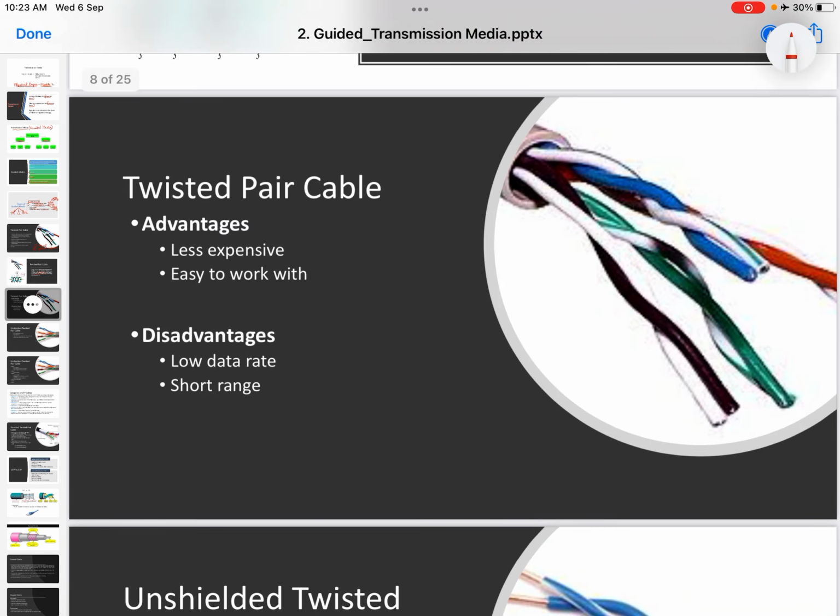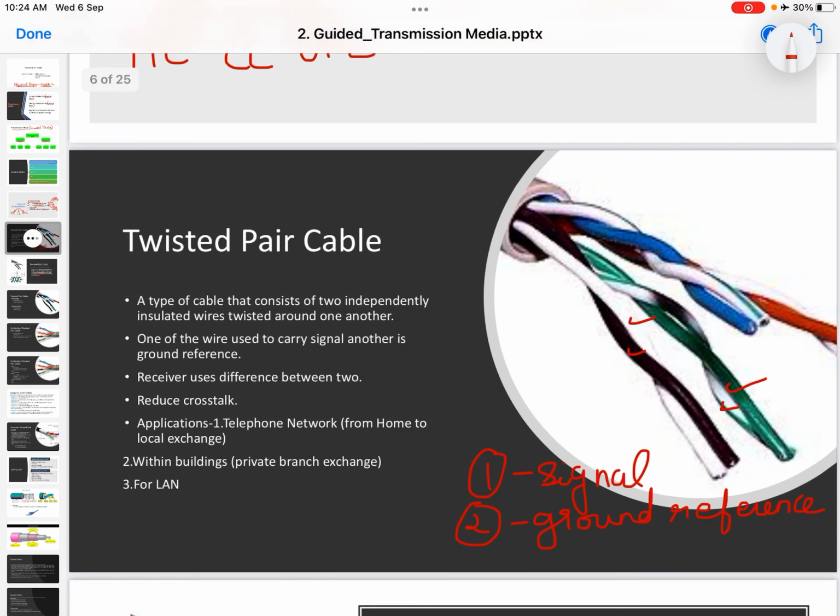Twisted pair cable advantages are that it is less expensive and easy to work with. Disadvantages: low data rate and short range. So you cannot use it for a long range. Like telephone communication, short range is within the building. You have the intercom system, which also uses twisted pair cables.